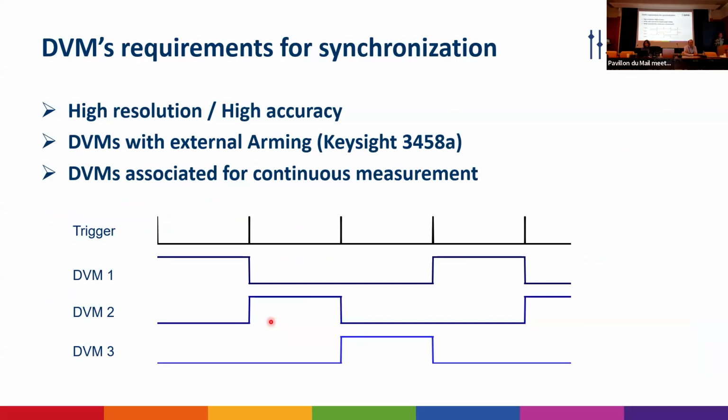So I will not give too much information here, just to say that when we are talking about synchronization for digital voltmeters, high resolution digital voltmeters, we have not so much choice. The only commercially available digital voltmeter able to be externally triggerable from a hardware point of view, so below the microsecond level, is the Keysight 3458, at least to my knowledge.